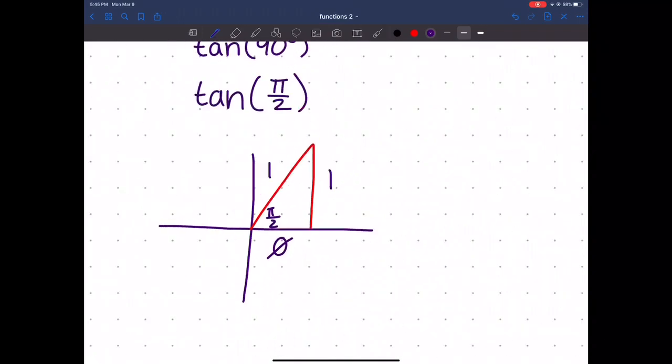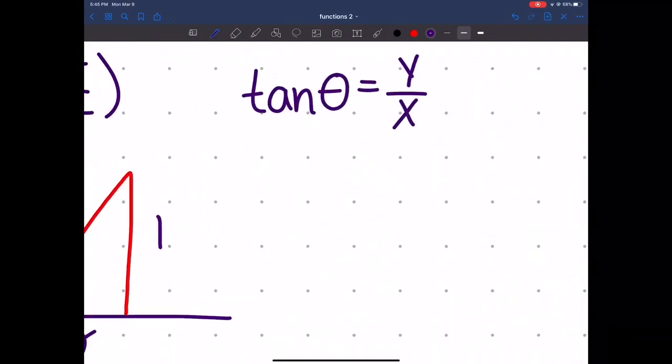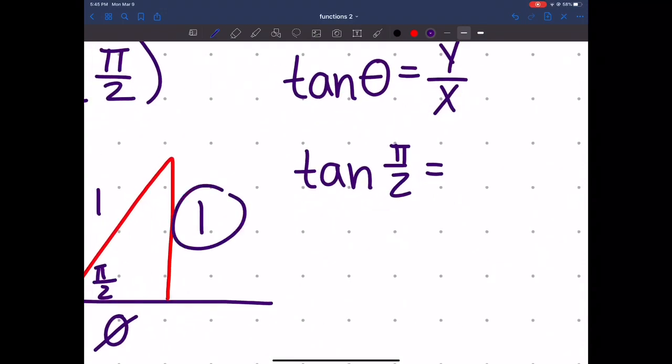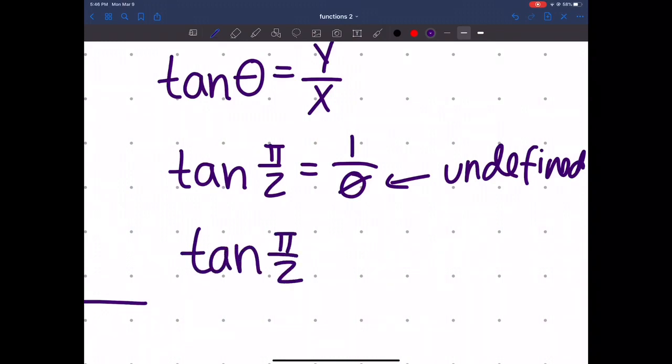If you remember the definition of tan theta, it's y over x. So for tan pi over 2, y is 1, over x, which is 0. But because it's all over 0, that means it's undefined. So our answer for this particular question is undefined.